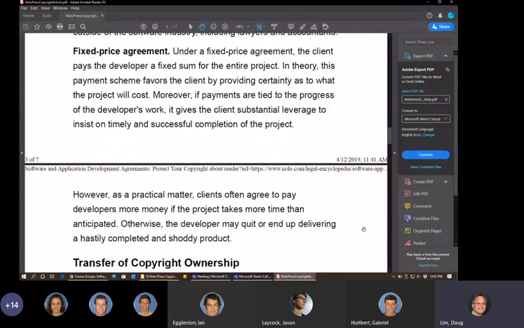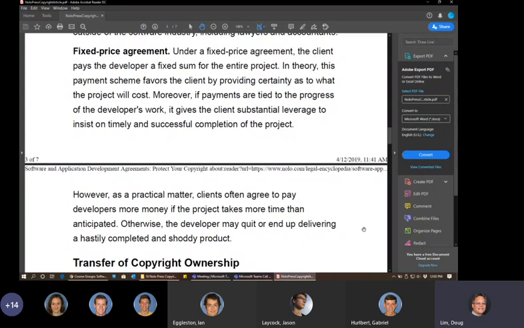But in reality, since projects tend to run over, there can be complications when the project runs over. What happens in a fixed price agreement is that the payments are tied to the progress of the developer's work.